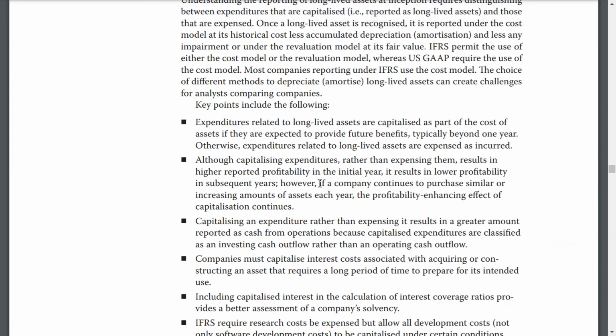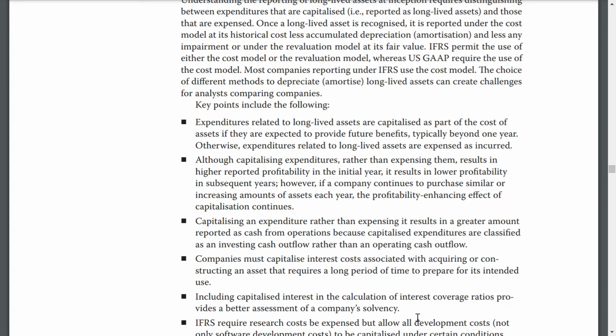Capitalizing expenditures rather than expensing them results in higher reported profitability in the initial year. It results in lower profitability in subsequent years. However, if a company continues to purchase similar or increasing amounts of the asset each year, the profitability-enhancing effect of capitalization continues.